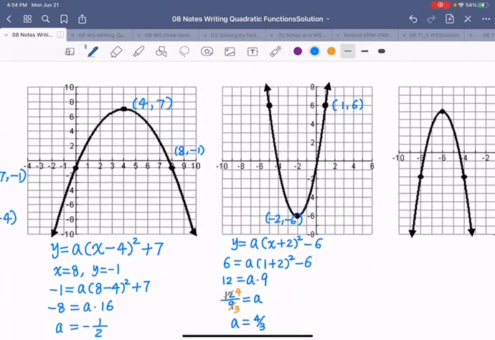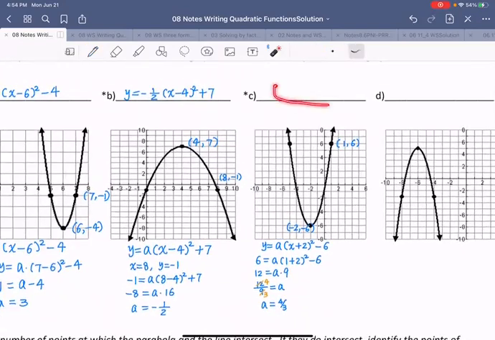Now, can you please tell me what I should put as the answer here? y equals 4/3 times (x plus 2) squared minus 6. Thank you. Very good job. You made it.